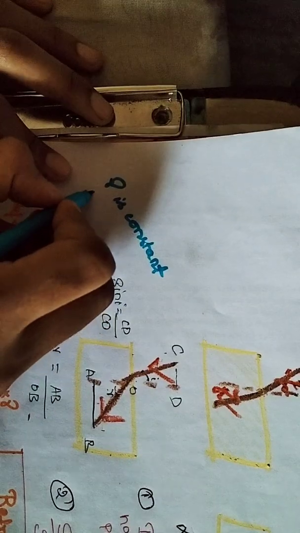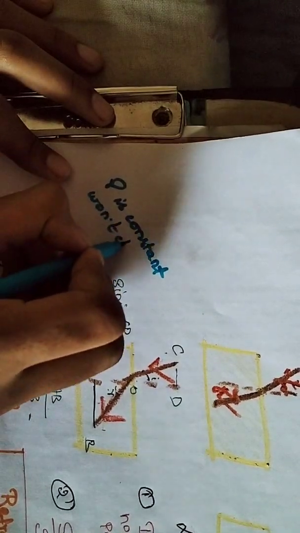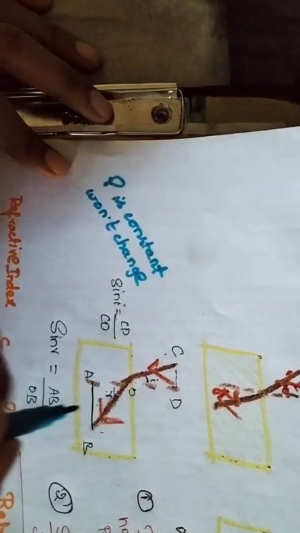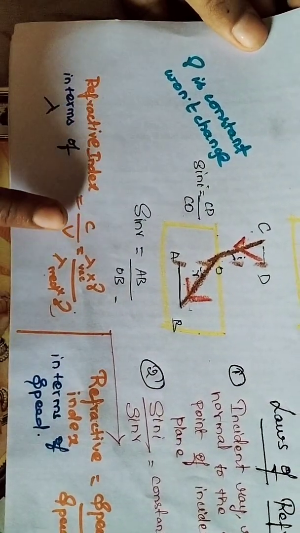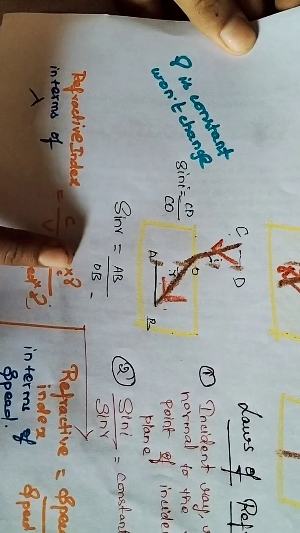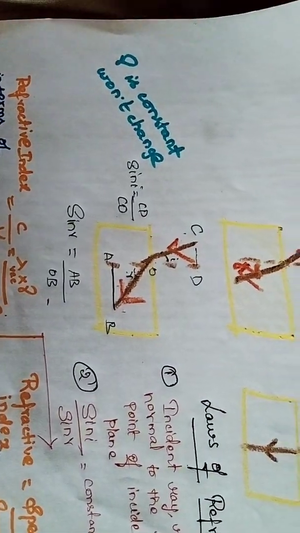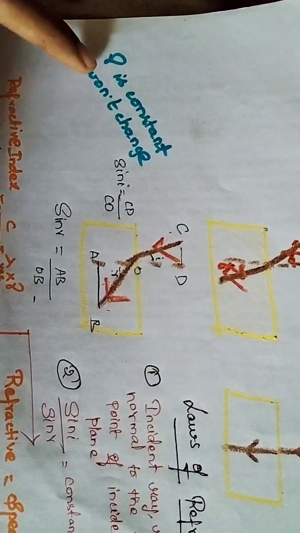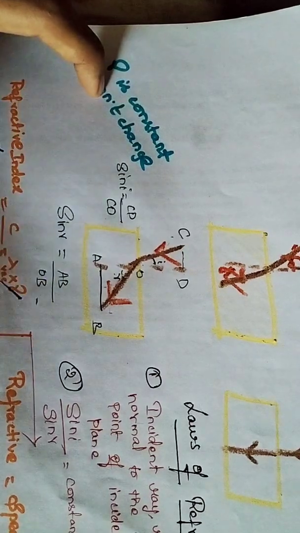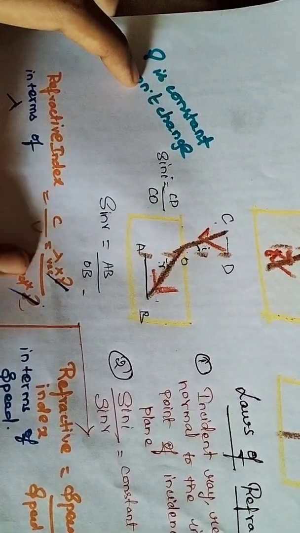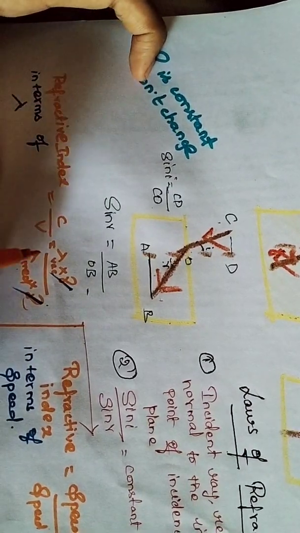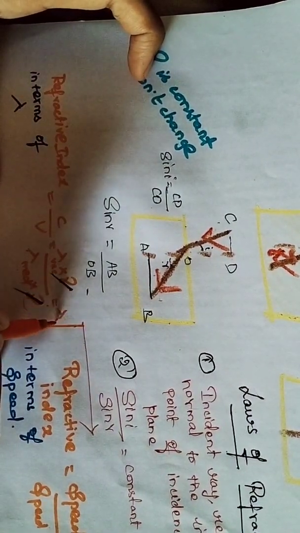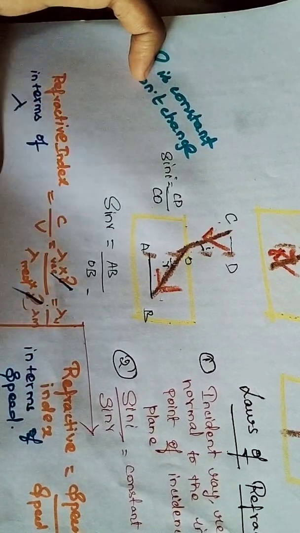So I have written vacuum and medium for lambda alone. Now this frequency can be cancelled, correct? So lambda vacuum by lambda medium, this is the formula. Clear, children? Got the point?